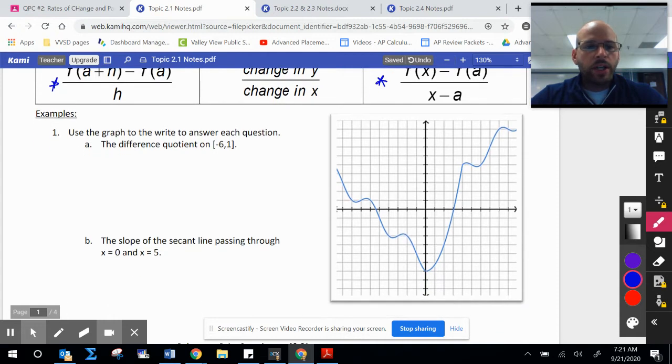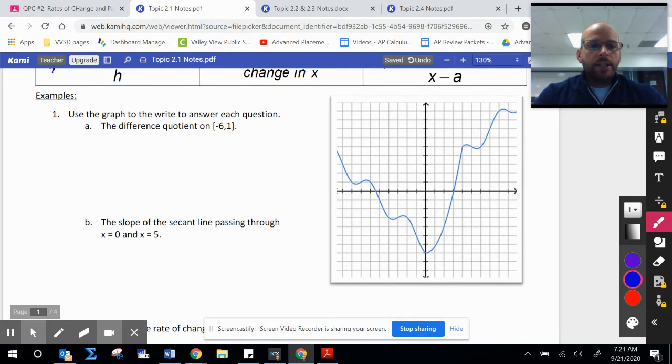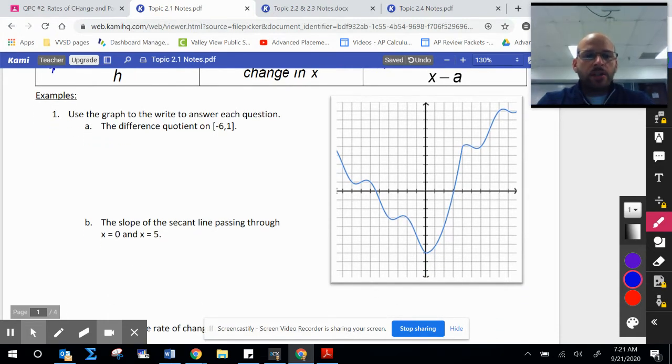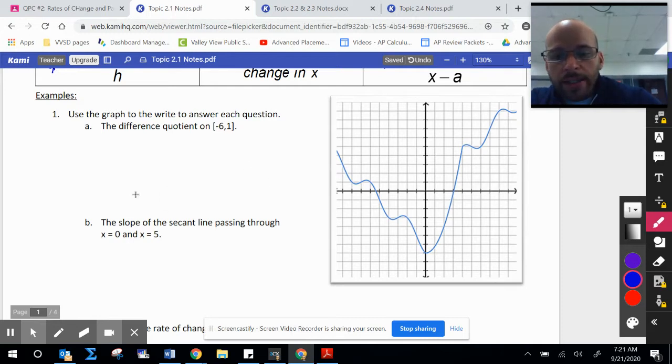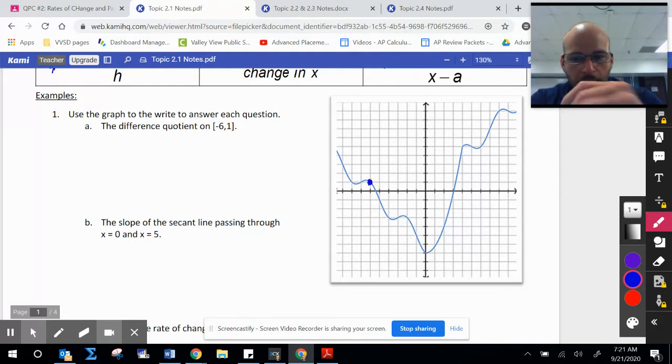Okay, so if you take a look at example 1, it says use the graph to write the answer of each question. I want the difference quotient from -6 to +1, and those are x values. So I go to the x value of -6 and put a point, and then I go to +1 and make that a point too.